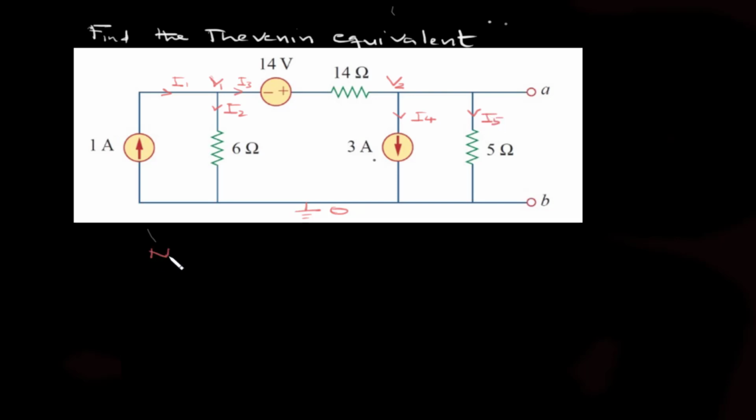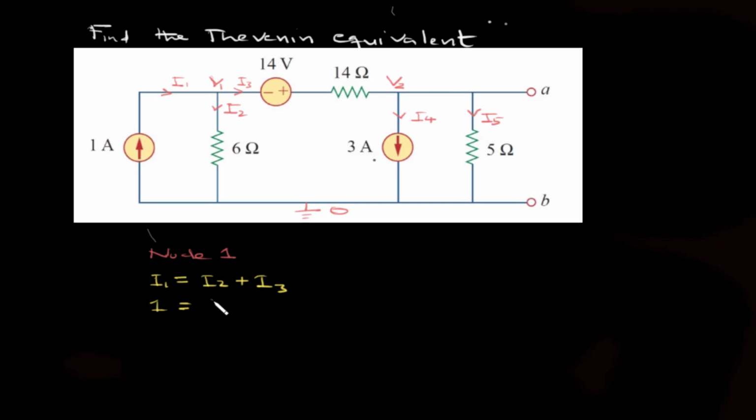So from node 1, we will have I1 equals I2 plus I3. As you can see here, I1 equals 1 amp.